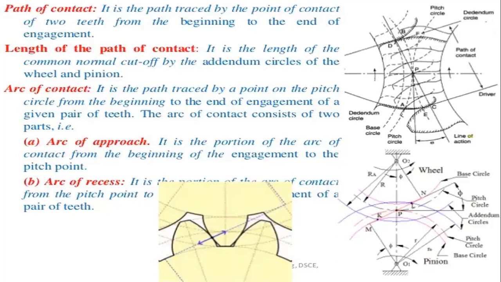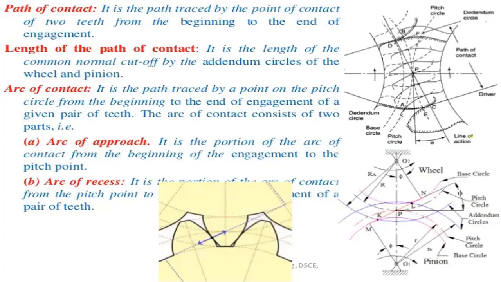Next one is the length of the path of contact. This is the length of the common normal cut off by the addendum circles of the wheel and the pinion. And next one is the arc of contact.